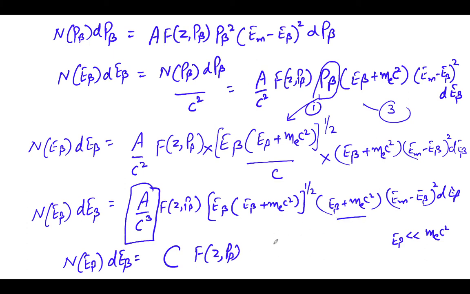So what we get is under root of E_β into (E_m − E_β)² into dE_β.